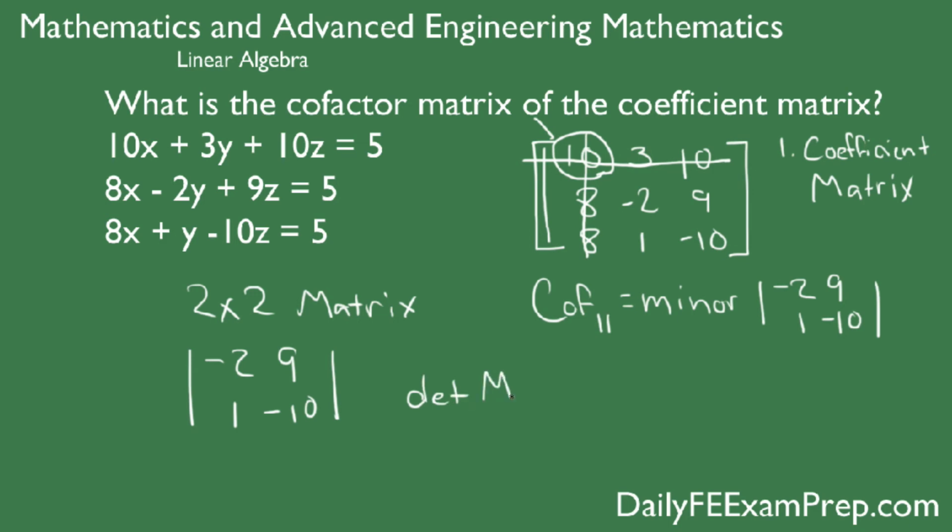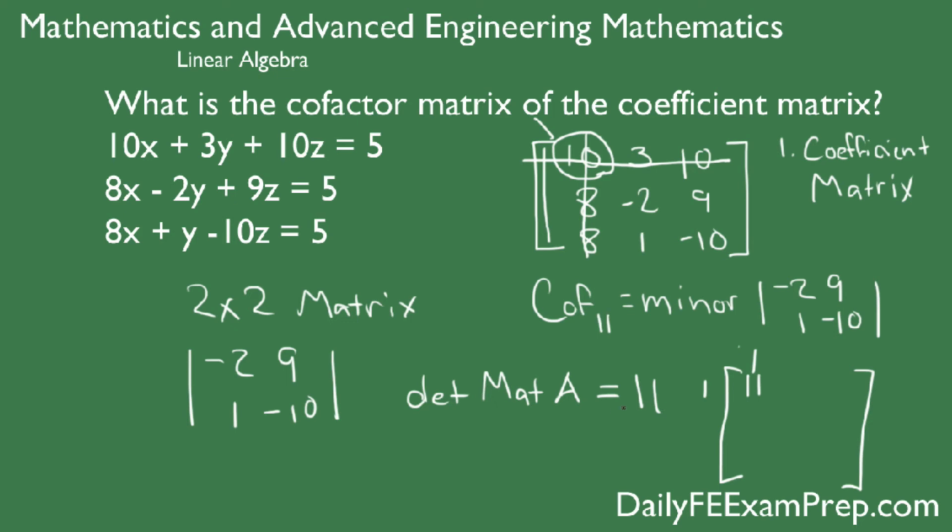Let's define this as matrix A, and it will give you a value of 11. Okay, so we know that 11 is going to go right in this new cofactor matrix, at position 1, 1.